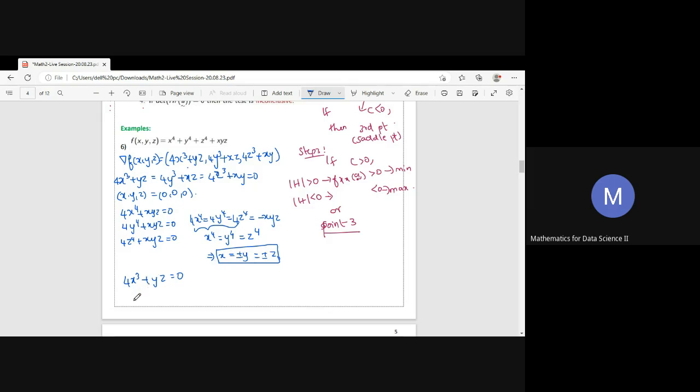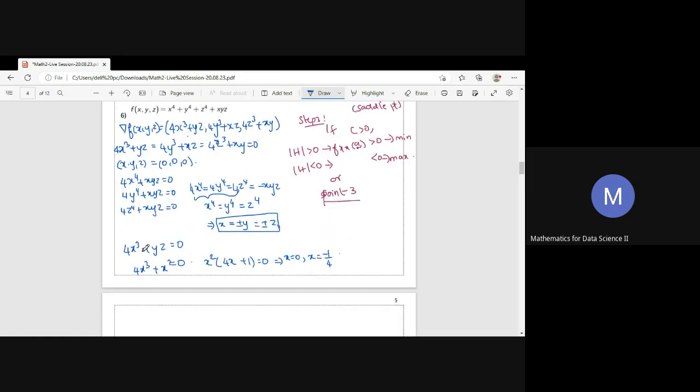Then 4x cube plus x squared is equal to 0. So x squared into 4x plus 1 equal to 0. So either x is equal to 0 or x is equal to minus 1 by 4.